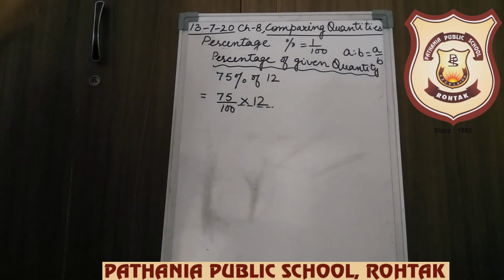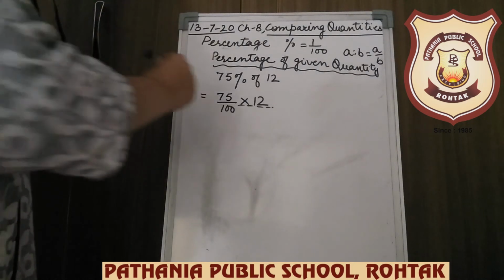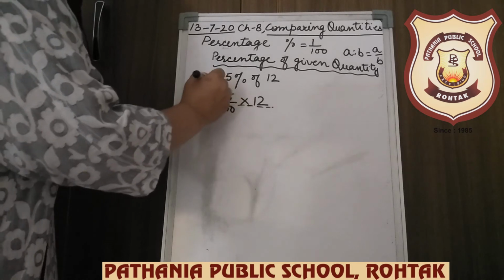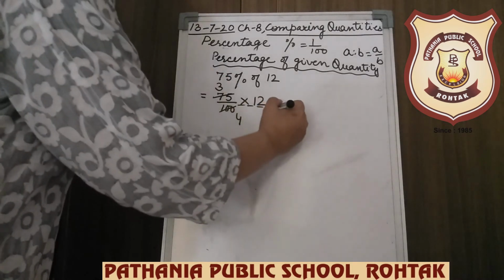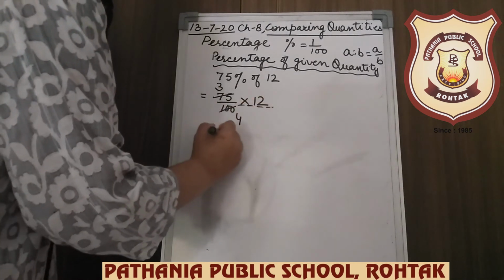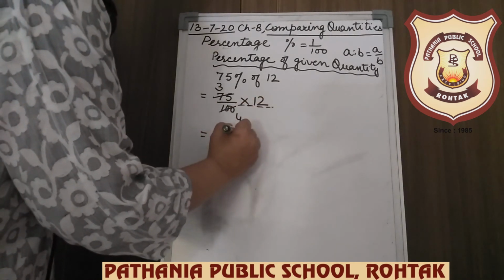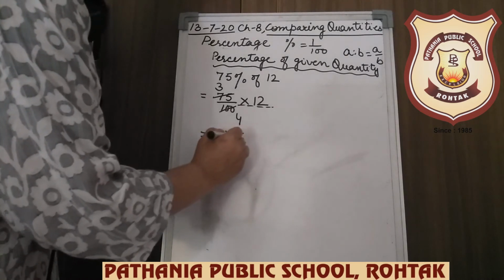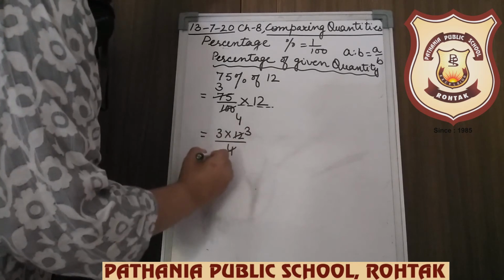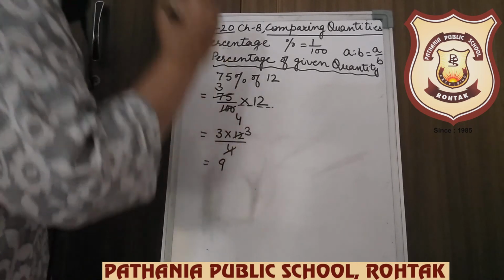Till here is it clear? Now with the table of 25, 25 threes and 25 fours, this is equal to 3 multiplied by 12 upon 4. 4 will further reduce this 12, 3, so this is going to be 9.